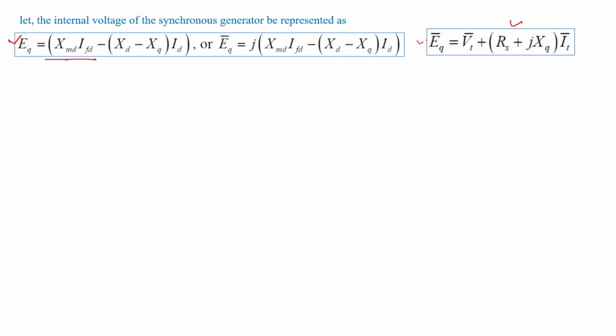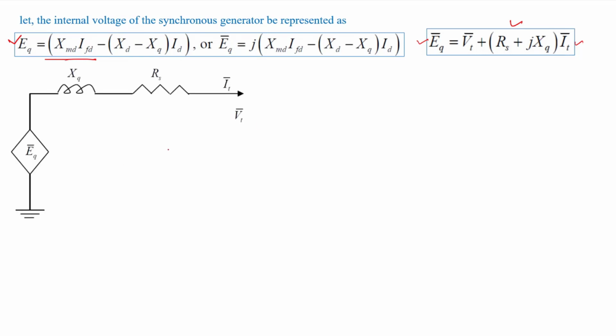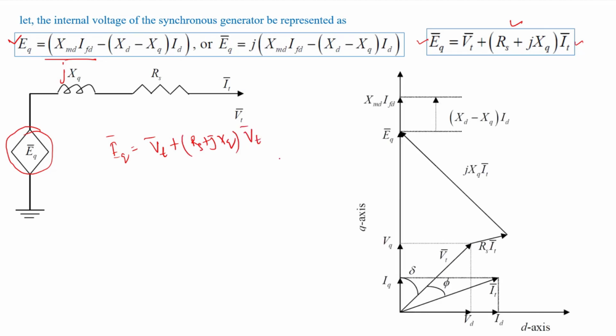Now this is your complete equation, which gives the equation at the terminal of the generator. Therefore, I can represent the equivalent circuit of the generator like this. This is your internal voltage Eq, this is Rs, this is jXq, and current It is flowing in this. I can write the internal voltage equation from this circuit also: Vt plus (Rs plus jXq) It.